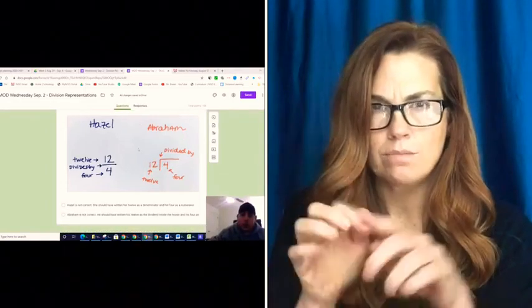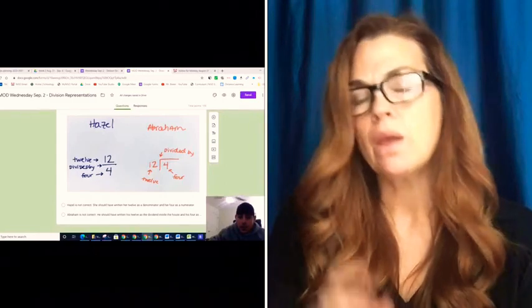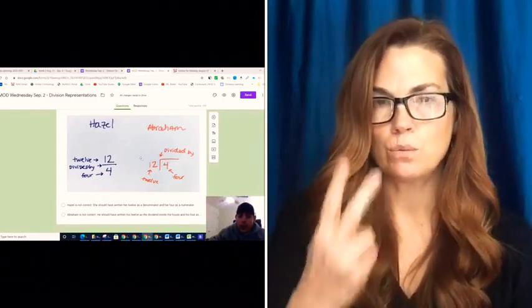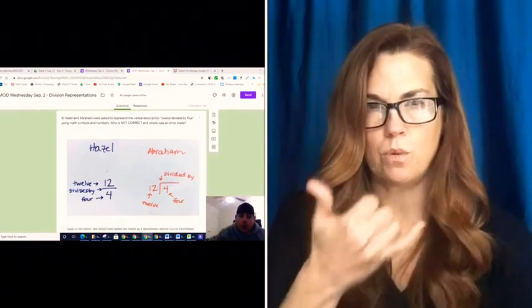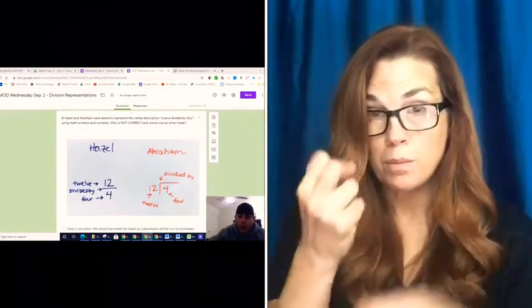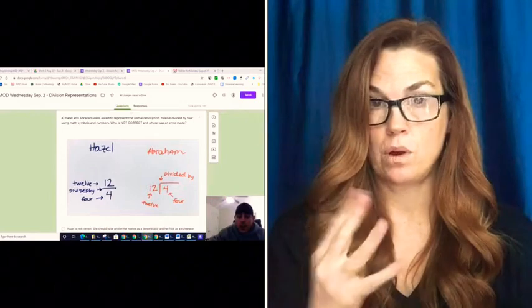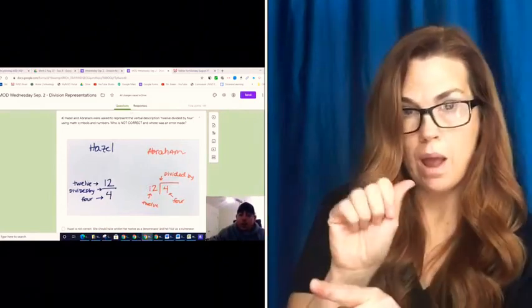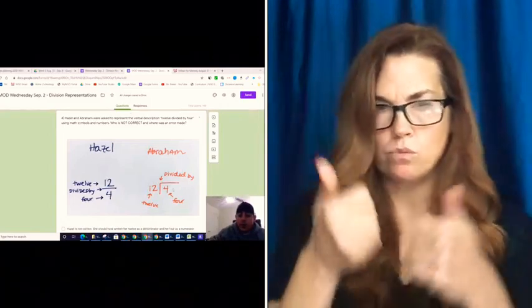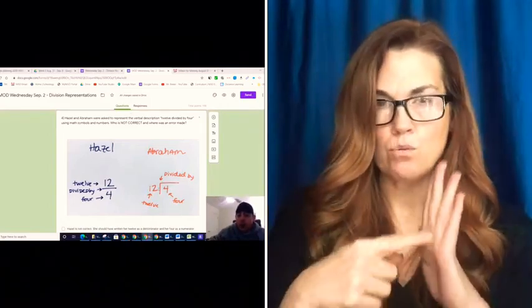Okay, so looking, I am going to select which one is not correct. Remember, it was 12 divided by 4. Okay, so looking, is Hazel incorrect or is Abraham incorrect? So we have to know how to read these, which I've already gone over 2 examples of how to read fractions and how to read the division house.